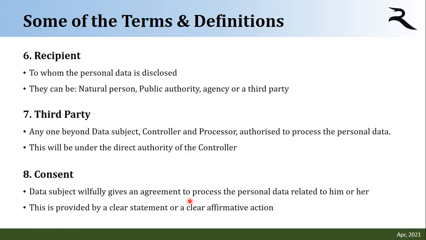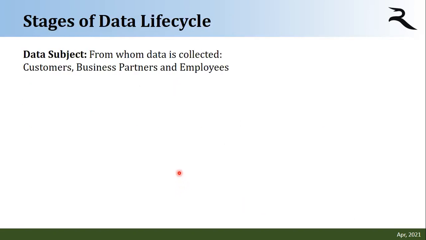Now, I cannot make use of the same data which I've collected for a home loan to do my marketing activities and reach out to the customers for a vehicle loan. You have to take their consent again: yes, can I reach out to you? Can I approach you for cross-selling this product? So it is clearly specified in the law. So those are some of the key terms that I spoke about.